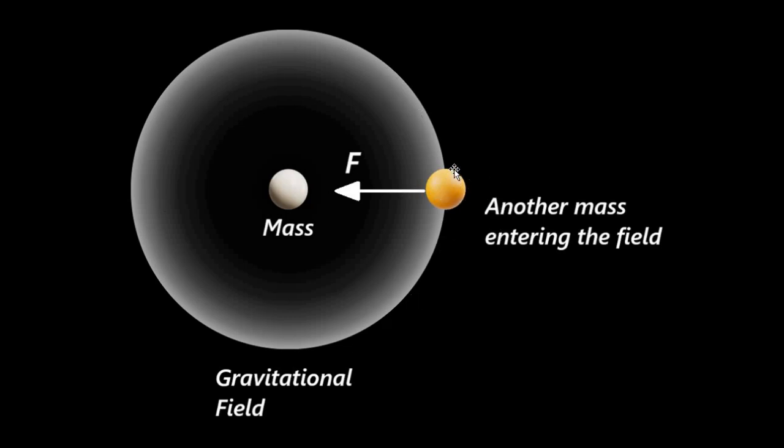When this yellow mass comes near the gravitational field of this white mass, it experiences a gravitational force F. But if it is at the end of the gravitational field, the gravitational intensity, the force acting per unit mass on this object, will be less. As it moves closer to the white mass, the intensity of the gravitational field increases. So what is this gravitational field intensity?